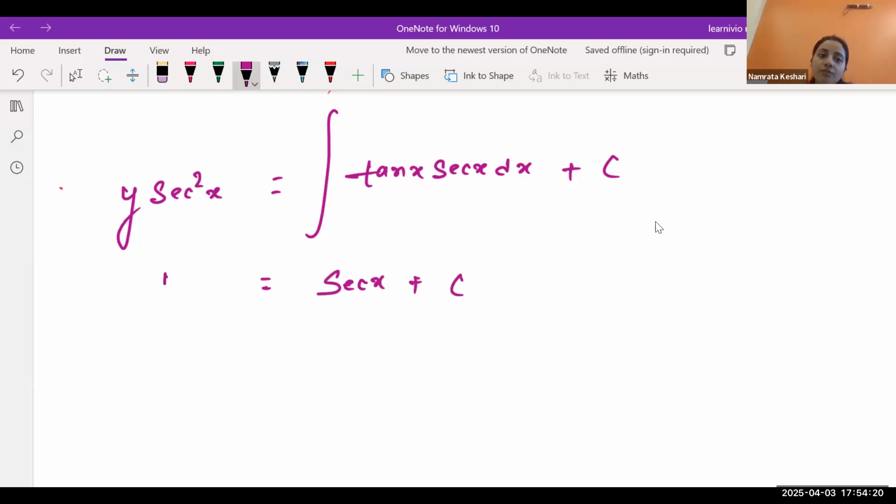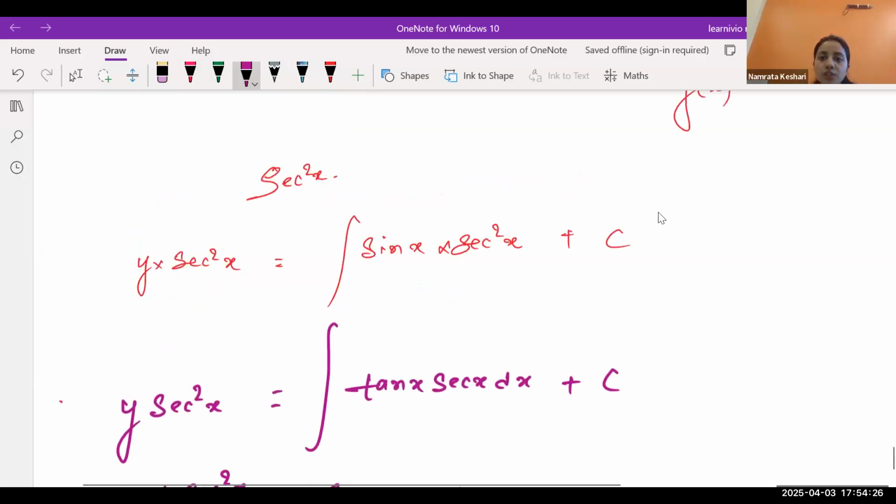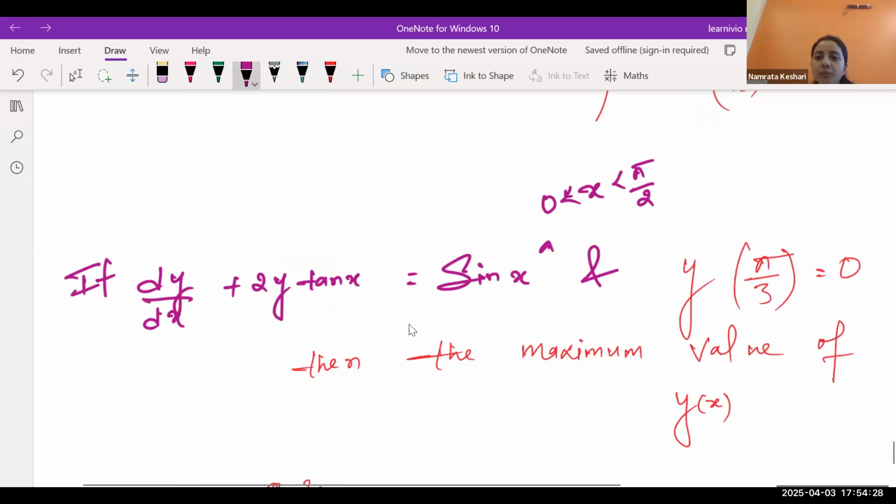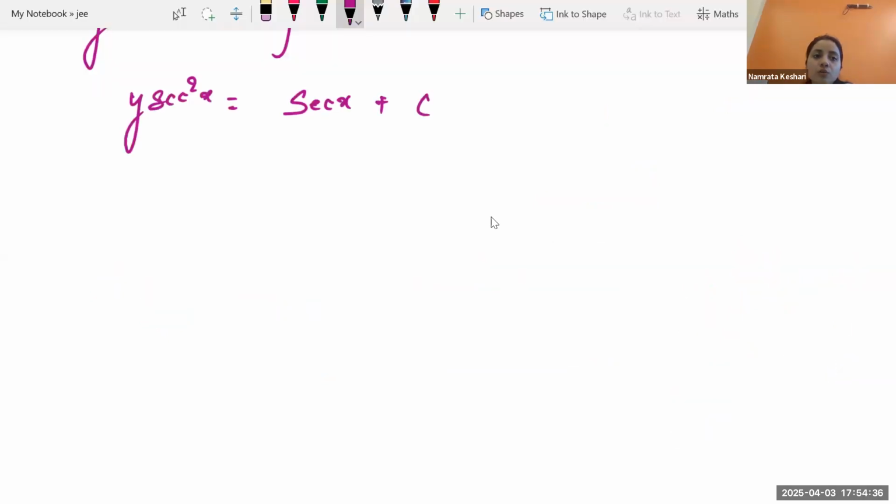Here we are having y sec square x. Now we are trying to find the solution. So here the condition is given to us that y of pi by 3 is 0. Let's substitute it over here. So this side 0, because y is there.